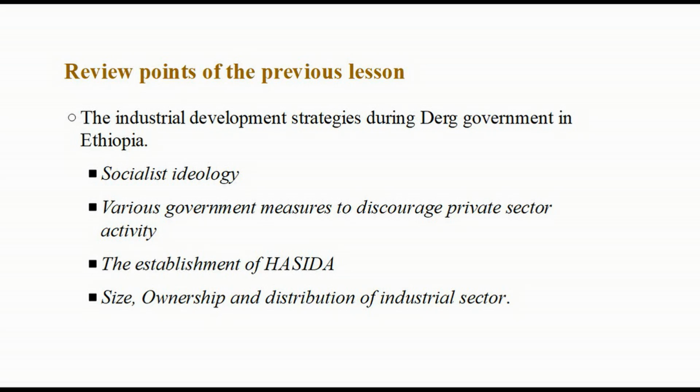In relation to the distribution of the manufacturing sector, it is mainly influenced by the development of infrastructure like the availability of electricity, road, communication, water supply, proximity to input and output markets, and social services. All these are reasons for the distribution of the manufacturing sector.